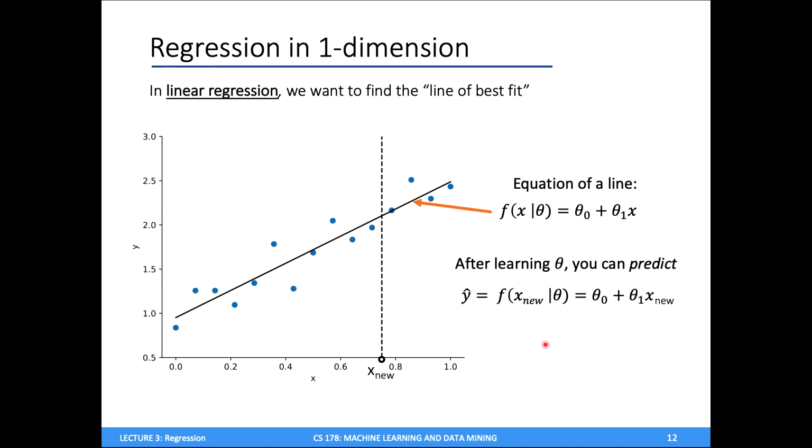So all we've got to do is take our x new, our data point we didn't see during training, stick it into our linear model, and we'll get out some prediction for the value of y, which we'll denote maybe y hat. So again, classic linear regression. I'm sure most of you have seen this.